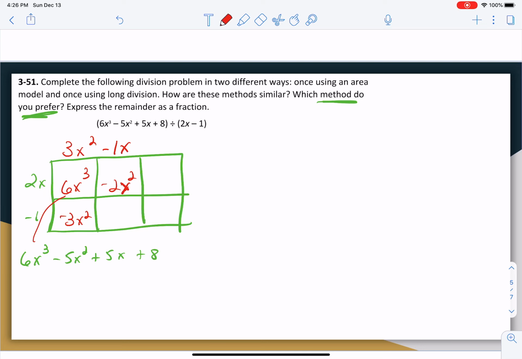Negative 1 times negative 1 is a positive 1x. So what plus 1x gives me 5x? A 4x. And 2 times 2x gives me 4x. And a 2 times a negative 1 gives me a negative 2.